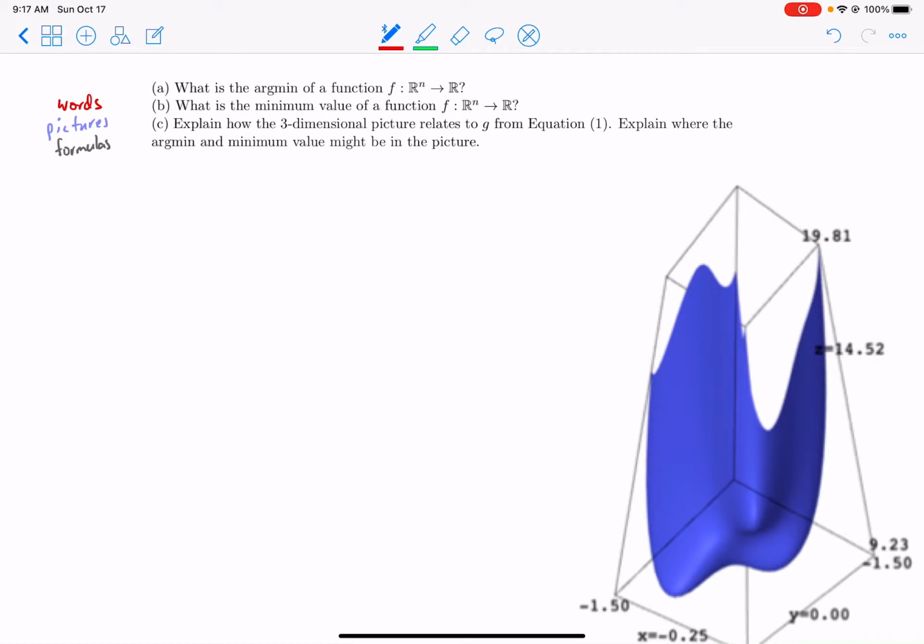Okay, hello everybody. So what is the argmin of a function?